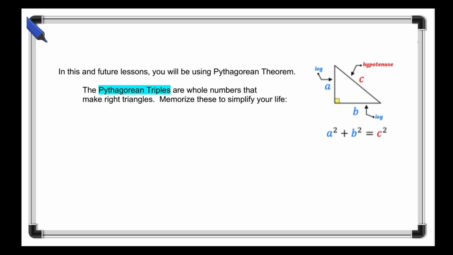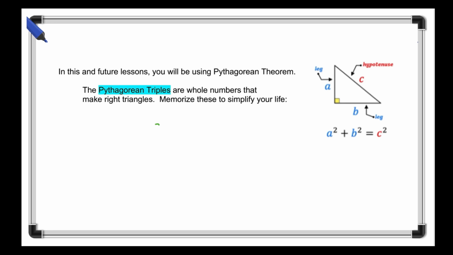We also have Pythagorean triples. These are just numbers that will make right triangles. It would be good for you to memorize the more common ones so you don't have to do the Pythagorean theorem every time. But of course, if you forget and you're not sure, that would be fine too.